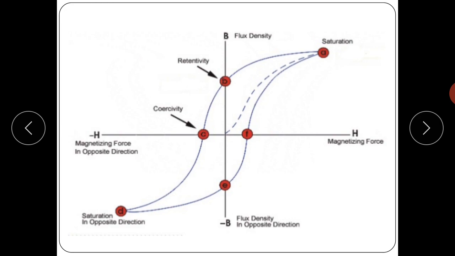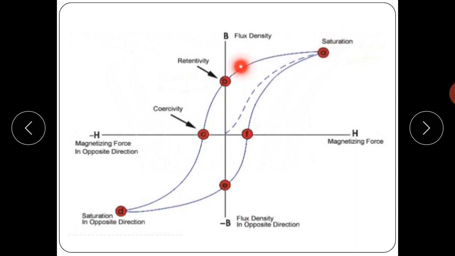Now if we decrease the magnetic field strength from saturation at point A, the same path OA is not retraced, but the curve takes a new path AC.